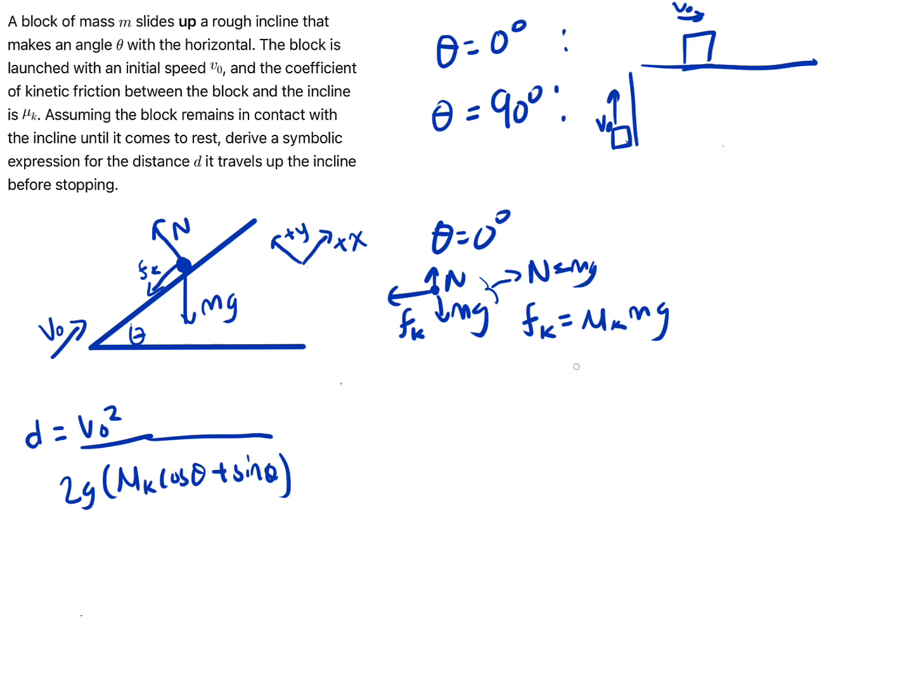From the balance of forces in the y direction, N equals mg, and the force of kinetic friction is just mu k N, which is mu k mg. Since the force of kinetic friction is the only force acting on it, our acceleration is just f k over m, which is mu k g. And if you remember from the kinematic equation earlier, v naught squared equals negative 2ad, and then we solve for d.